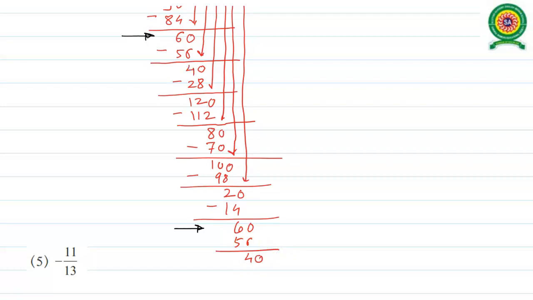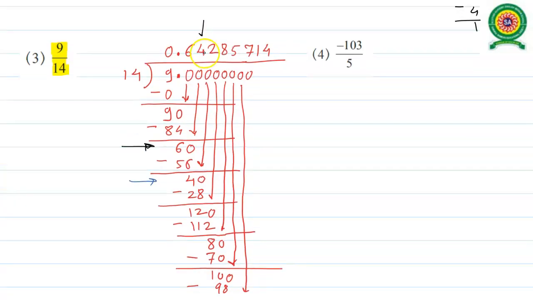So in the next steps of our division, the set of digits should be repeated, like 428571, again 428571, again 428571, if we carry out the division further. So we write the decimal value of 9 divided by 14 in the form 0.64285714285 and so on.